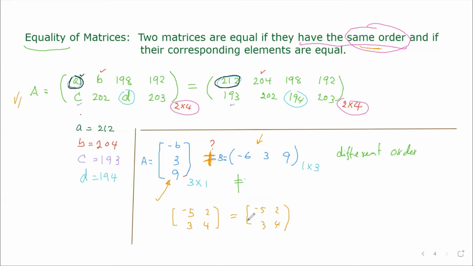They are equal because they have the same order, 2 by 2 and 2 by 2. But again, in the earlier example, they have different orders, so they are not equal.